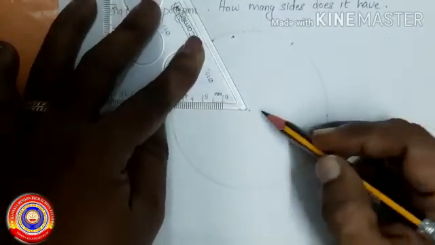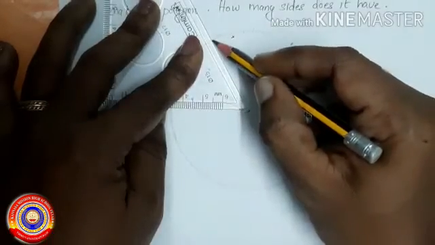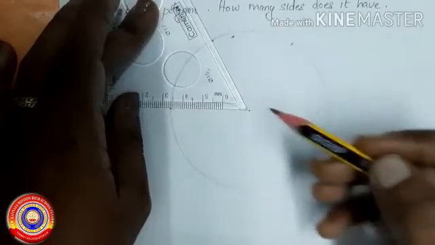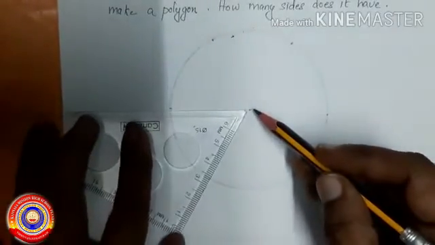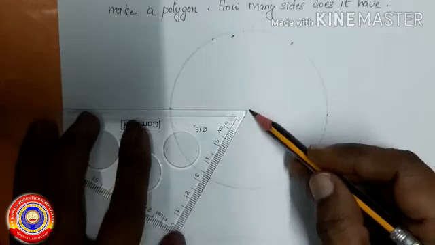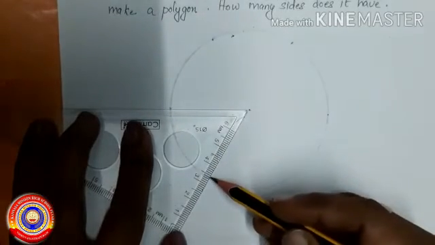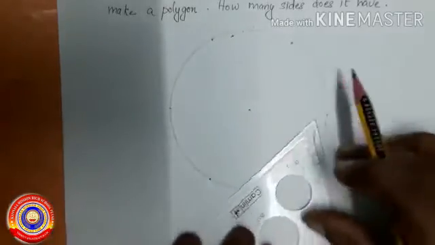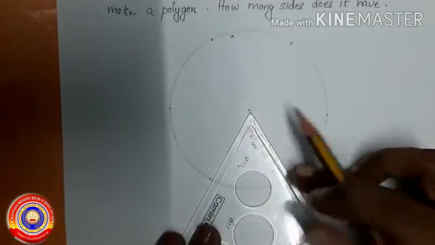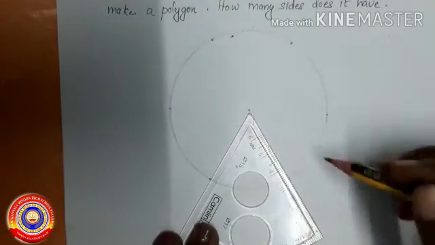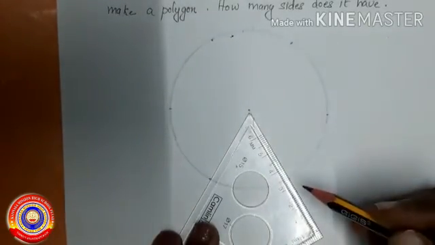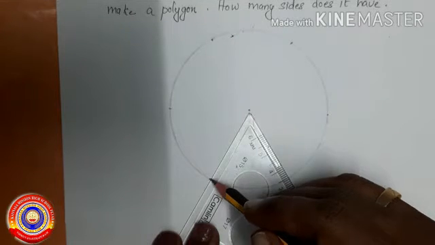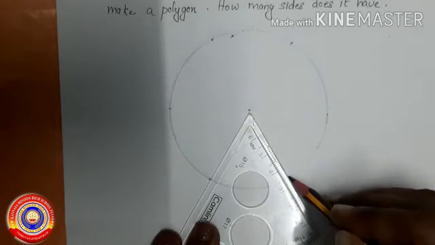Now place the set square on the point marked now and mark the next point and then repeat the process. Now we have to mark the last point by placing the slanting corner on the center and one edge of the set square on the point we have marked, and then mark a point on the circle.